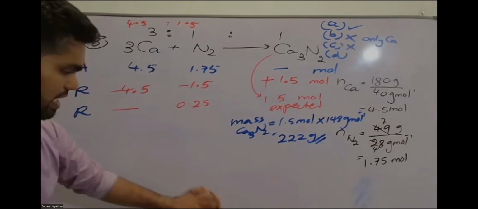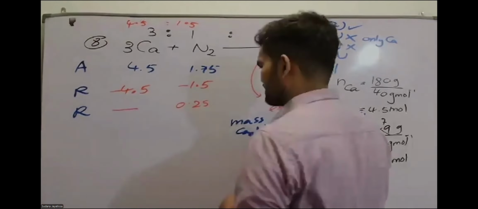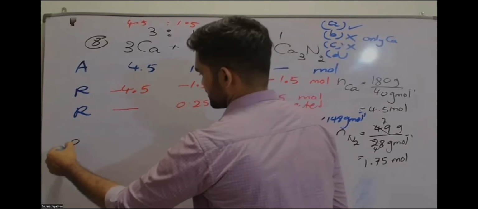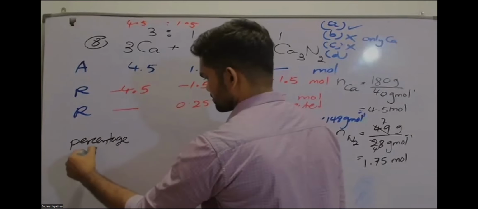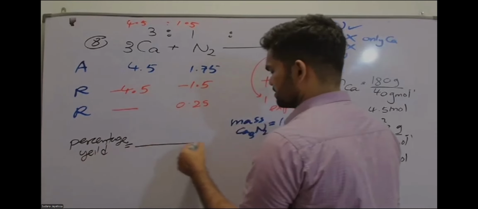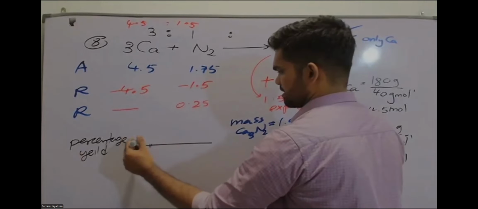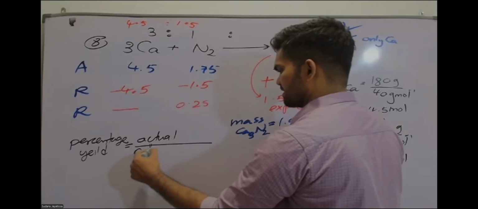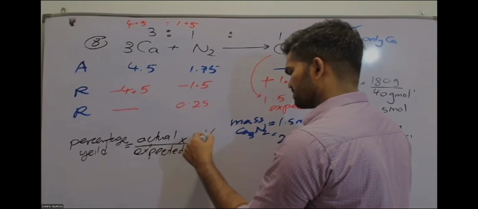Okay, so like that, let's find out the percentage. Think, okay? If you think, it will come to you naturally, don't worry. So percentage yield is actual yield over expected yield into 100%.